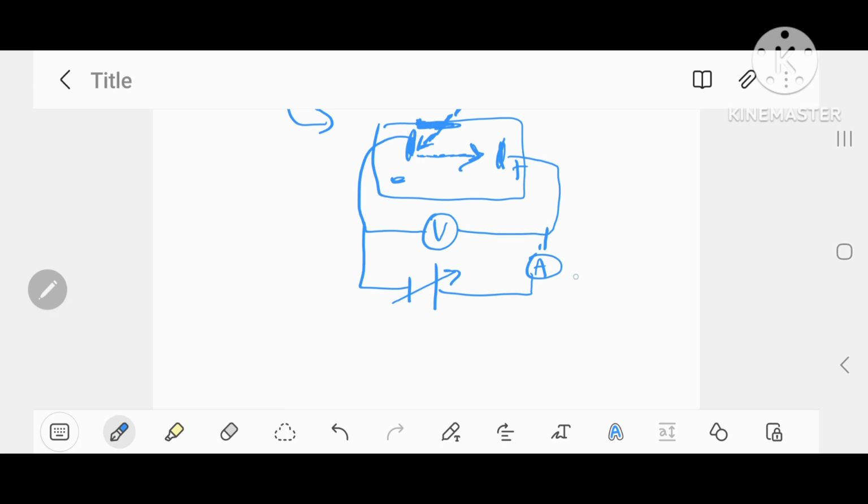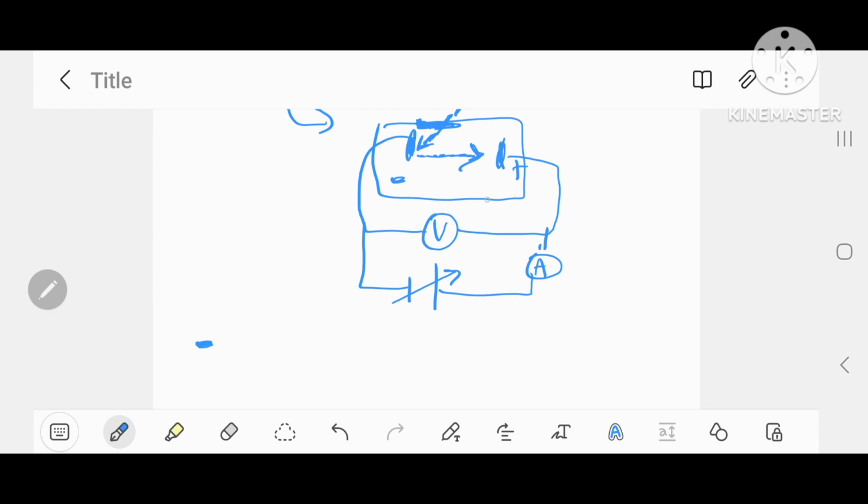Now, if however the positive electrode became negative, the photocurrent that's measured will decrease, because the photoelectrons will then be repelled by the electric field between the two plates.